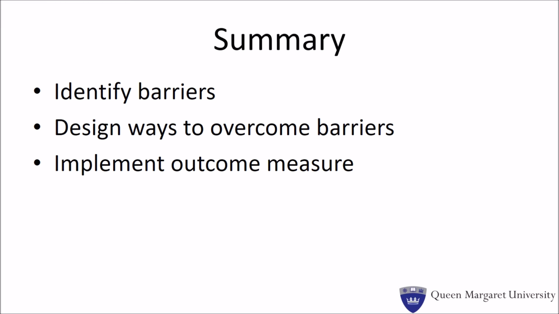Essentially, what we are trying to say is that you should always plan ahead in order to see what these barriers are so that you can put in appropriate solutions. When you've done all that, then it's just a matter of trying to implement the outcome measure within your clinic and re-evaluating it. I hope that this mini lecture will give you some ideas on how to identify as well as resolve some barriers to implementation of outcome measures.